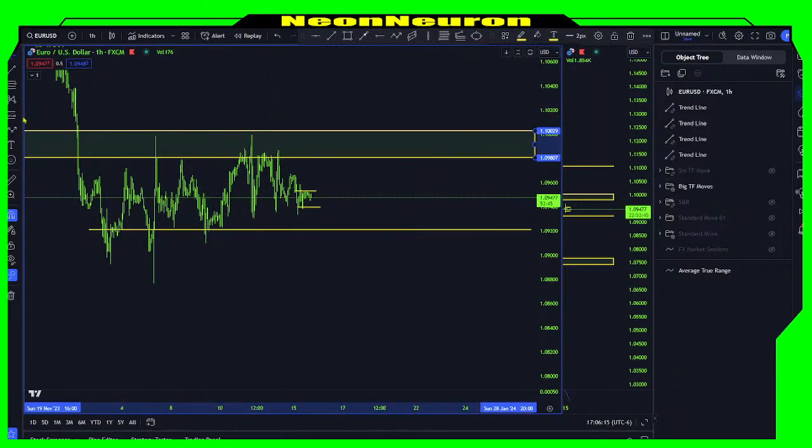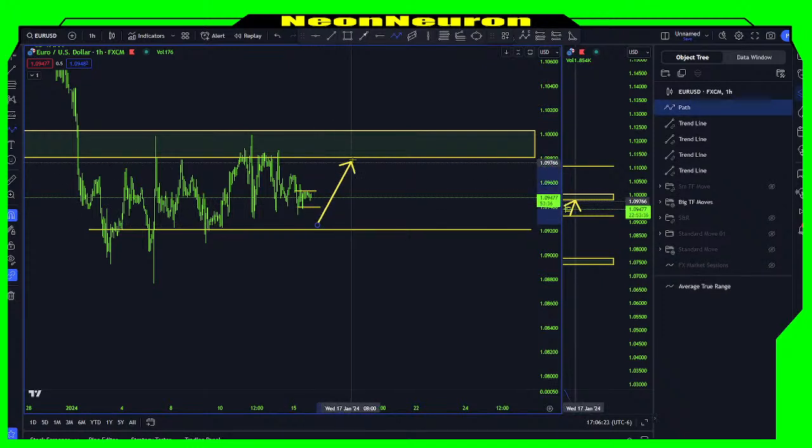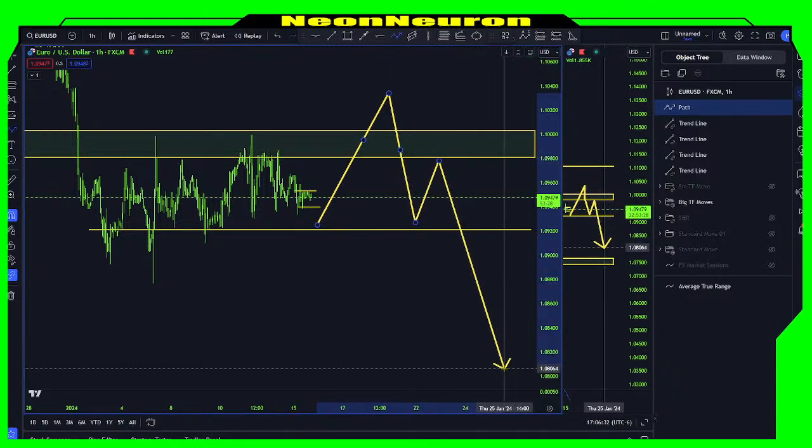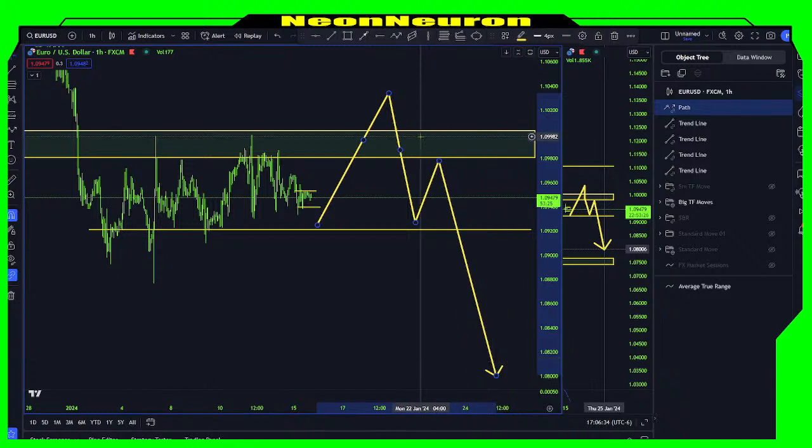We're looking at this move in the next two sessions, in the Asia session and the European session for Tokyo and London. We're looking at a retest of this, a possible breakout, and then rejection, bouncing back down, hitting it again, and then the real rejection, the heartbreak right there. That's what we're looking at.